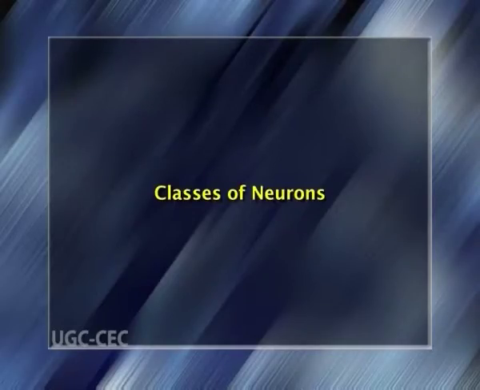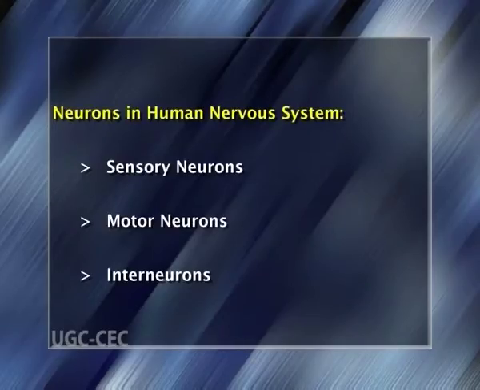Moving on, let us discuss classes of neurons. Based on their roles, the neurons found in the human nervous system can be divided into three classes: sensory neurons, motor neurons, and interneurons. Now, sensory neurons.